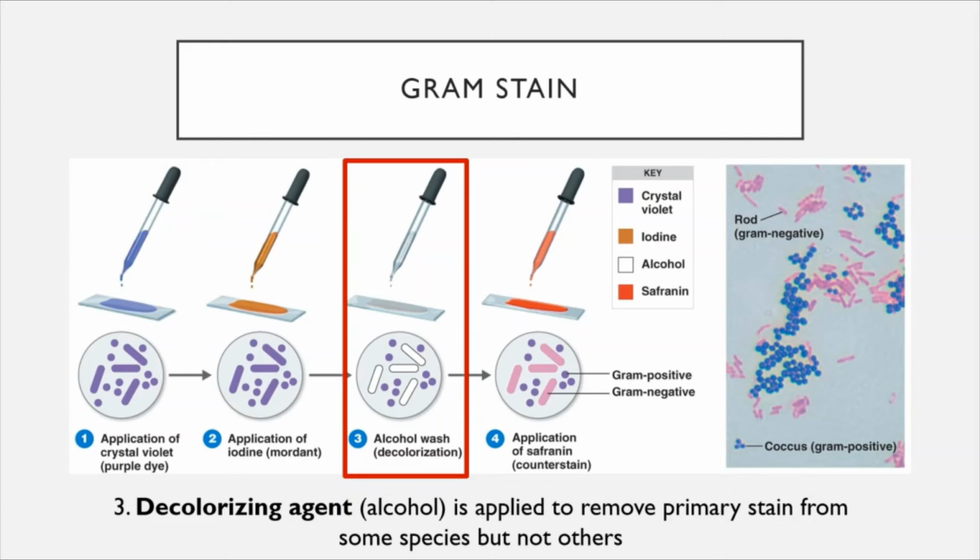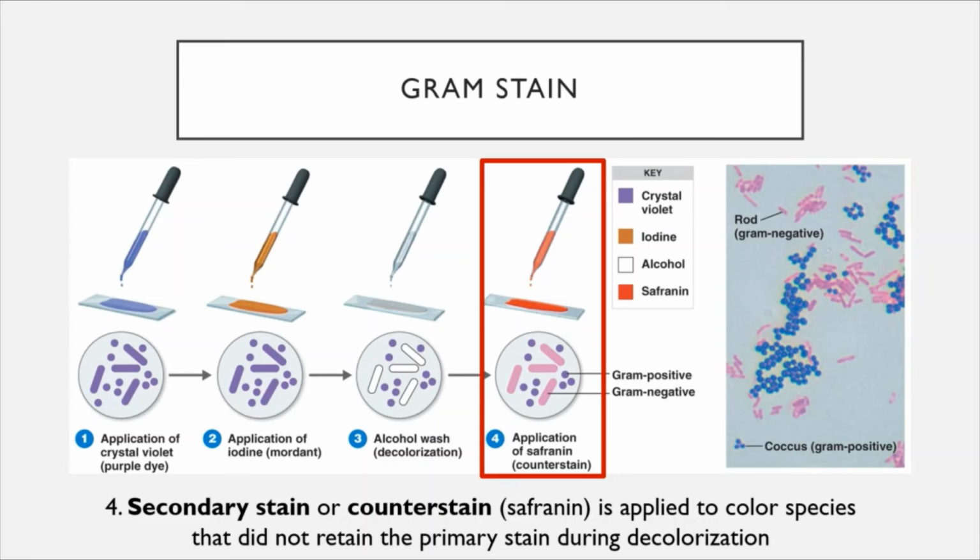So in other words, some species will retain the purple color and others will lose it, becoming colorless. In the fourth and final step, a secondary stain or counterstain, which in the gram stain is safranin, is applied to color the species that lost their color during step 3, decolorization.